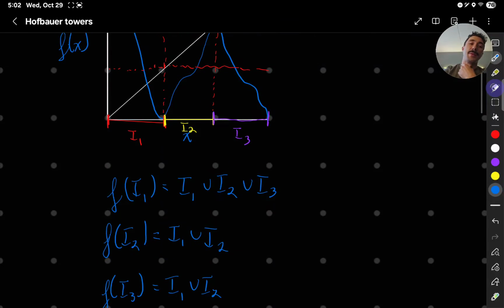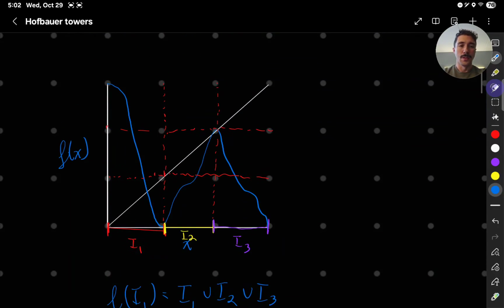So it's particularly well behaved. None of the laps maps onto only part of some lap. It always maps onto a union of the entirety of some set of laps. So this is the property that we need to say that this map is Markov.